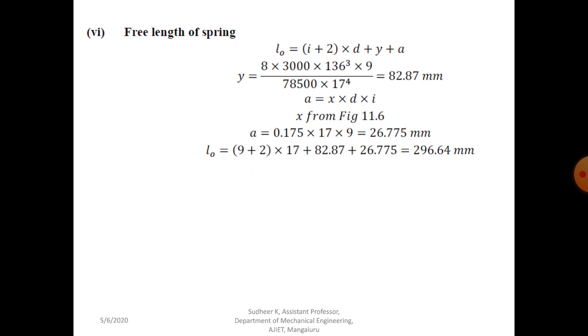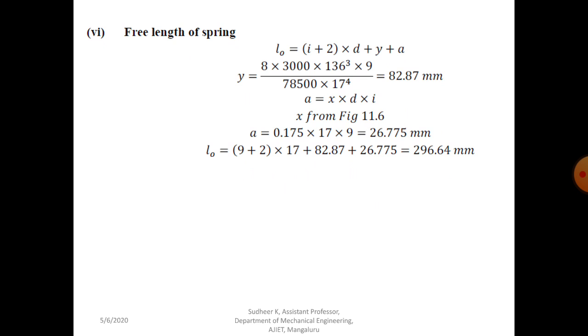And we need to find out free length of the spring. Free length of the spring means when there is no application of any force, whatever the length of the spring, that we consider as free length. It is denoted by L naught.